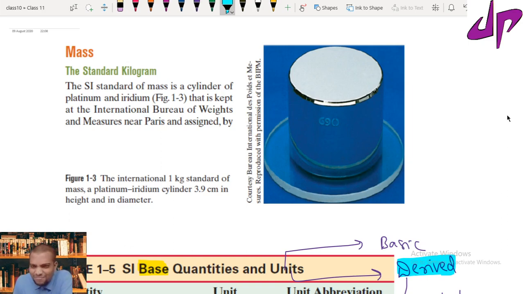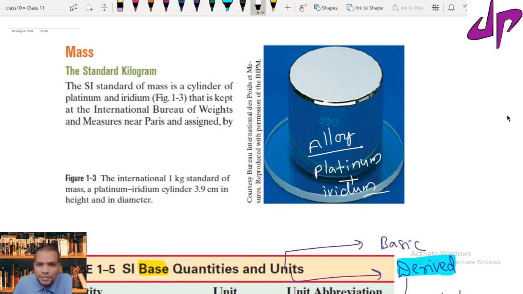So this is what is really standard. It's not a stone, it's a metal. It's an alloy, a combination of metals, platinum plus iridium.